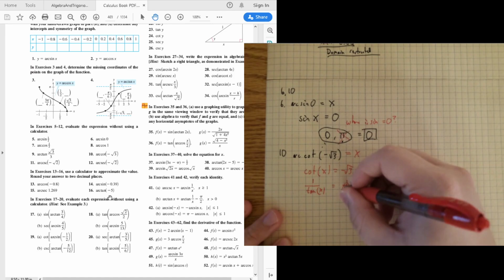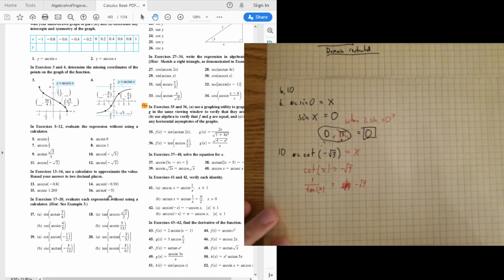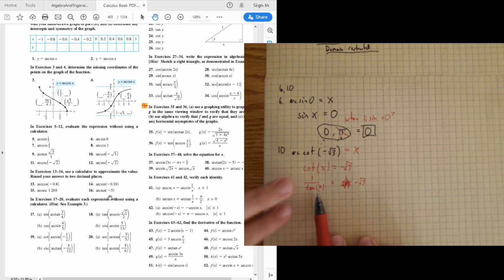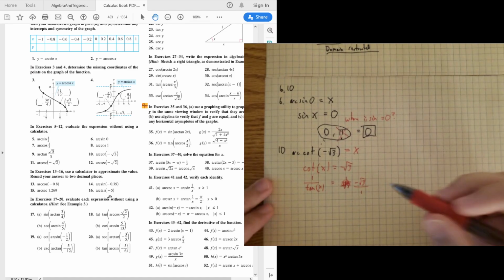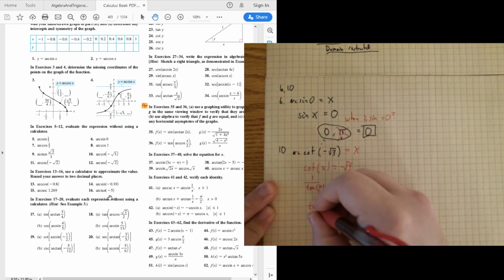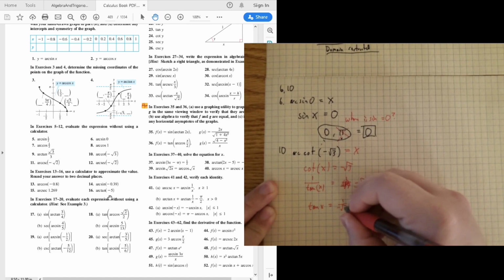Sorry. Cotangent is literally 1 over this. So this will be negative square root of 3. I'm jumping ahead. And then what I can do is, if I can flip this side, I can also flip the other side using inverse properties. So in other words, tangent of x is equal to 1 over the negative square root of 3.